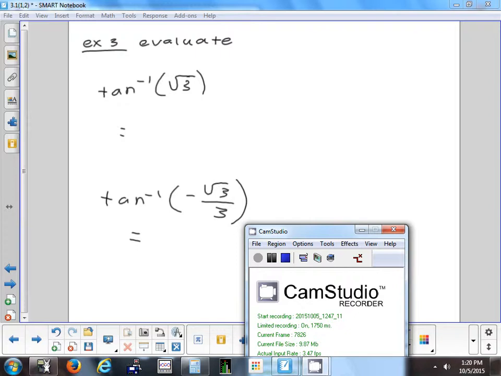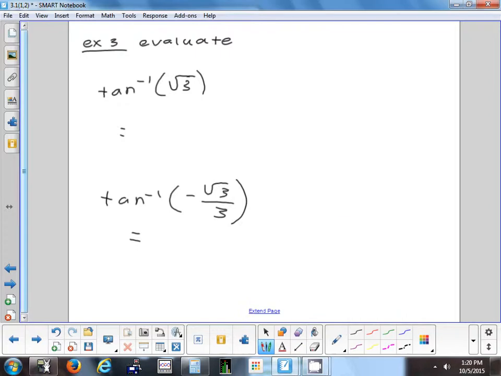All right, so how about inverse tangent square root 3? Anyone think you got that one? Yep, Tyler? 60 degrees. Yep, 60 degrees, or pi over 3 radians. And you could always check your answer by typing this in and double checking it.